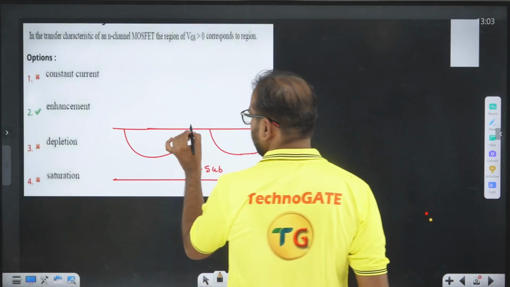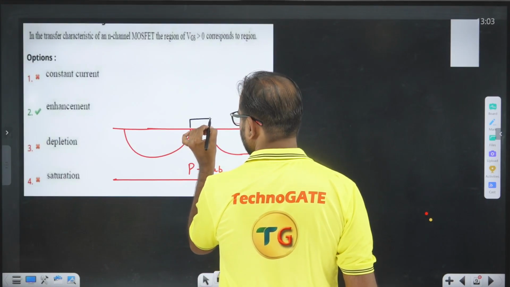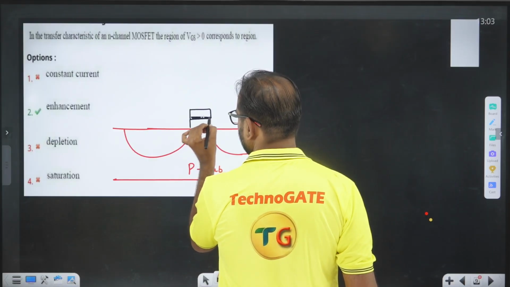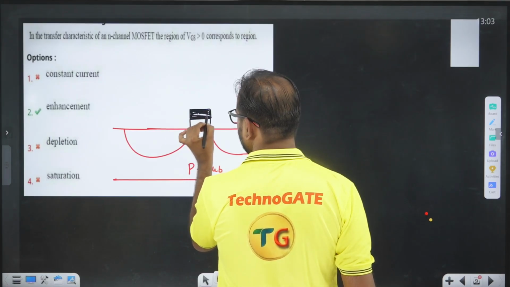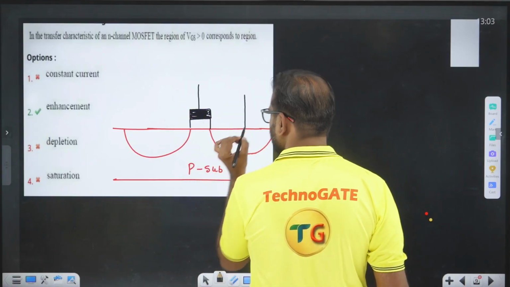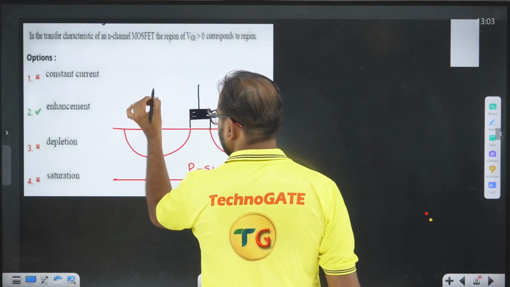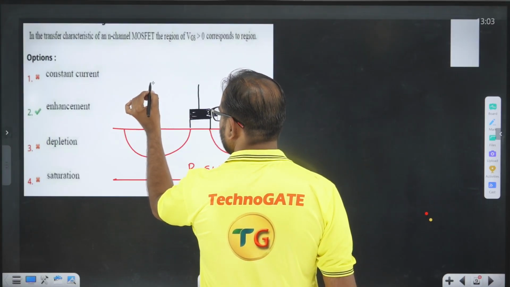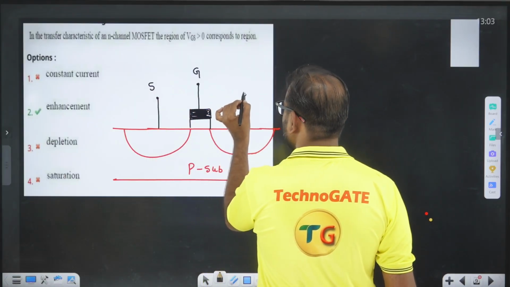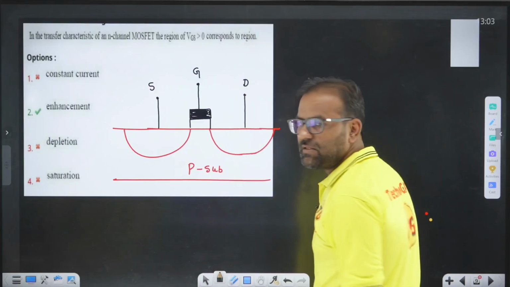Then we have three terminals. This terminal is known as source, this terminal is known as gate, and this terminal is known as drain.